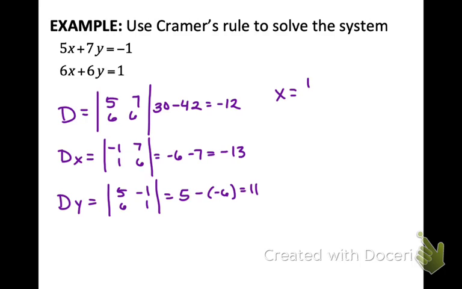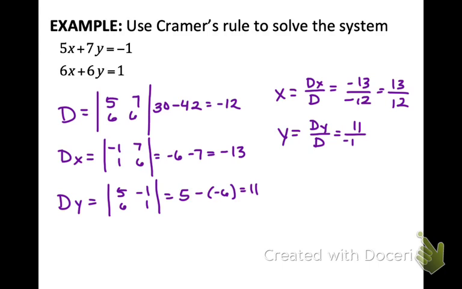Yep, so my x is d of x over d, which is negative 13 divided by negative 12, which is just 13/12. My y is dy over d, which is 11 over negative 12, so a negative 11/12. So 13/12 and negative 11/12.